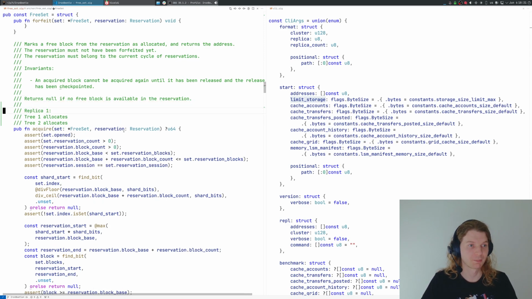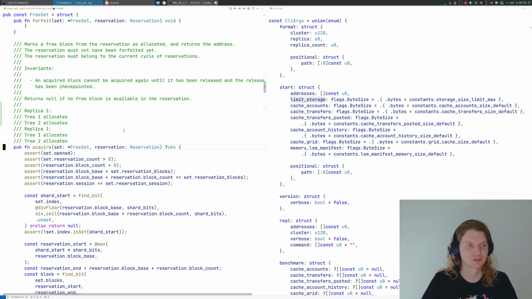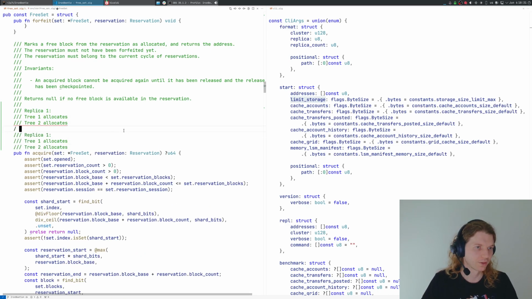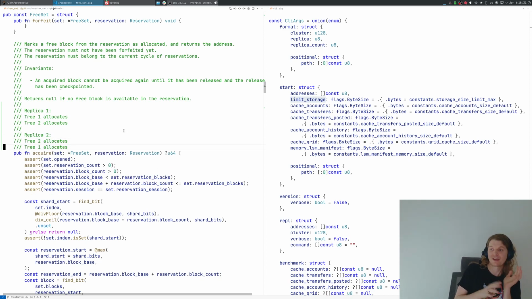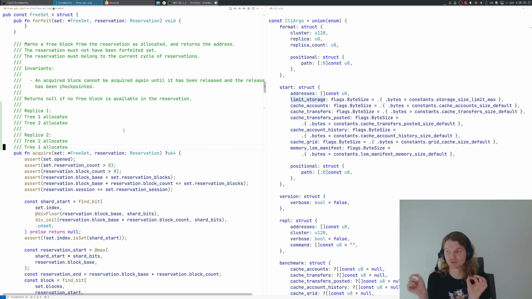Then, due to some concurrency, due to differences in disk speed, on replica 2 these same two allocations happen in a different order.